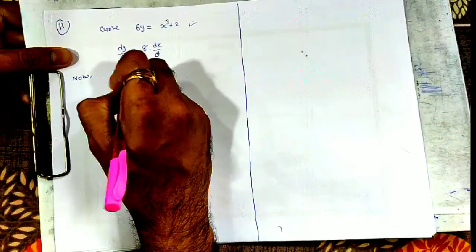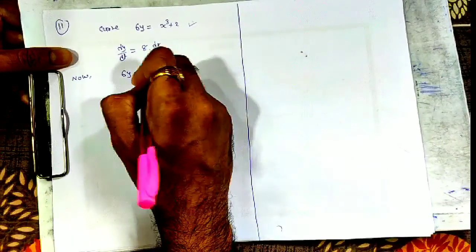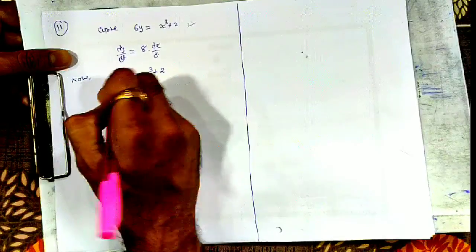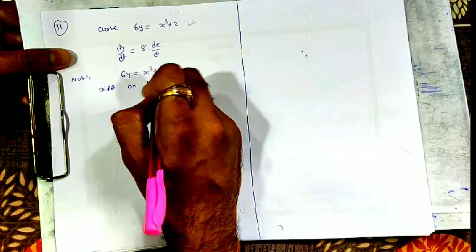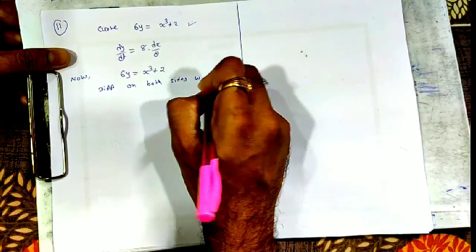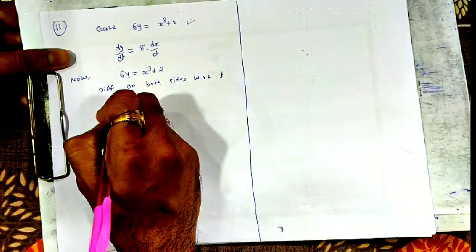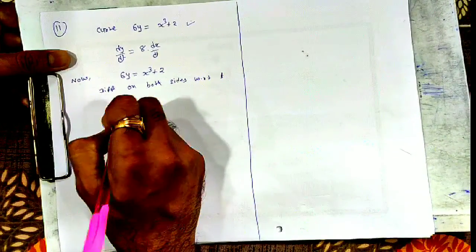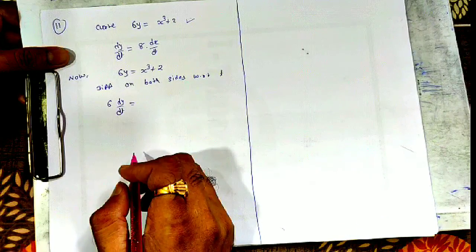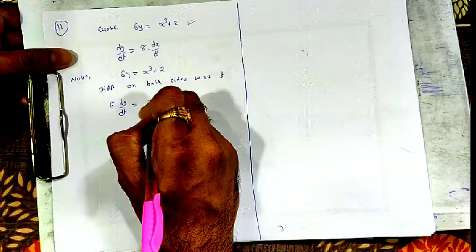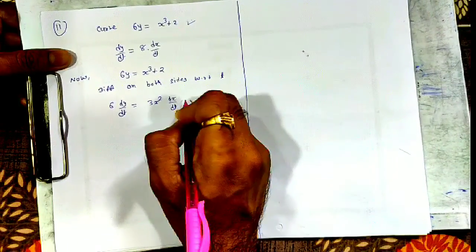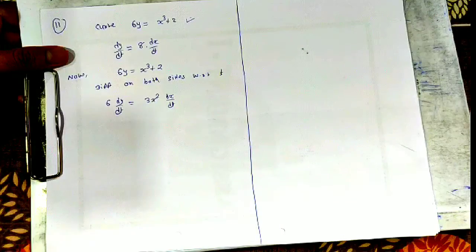So now 6y equal to x cube plus 2. Now differentiate it on both sides with respect to t. So we are getting 6 dy by dt. Differentiation of y is dy by dt, equal to 3x square dx by dt plus 0.